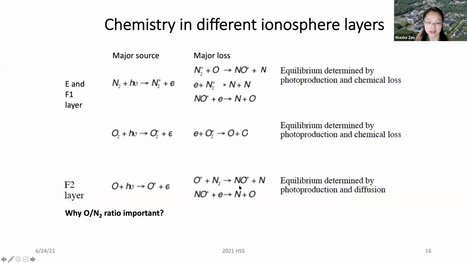And then the next step is the NO+ recombines with the plasma in the surrounding region. So this means if we move the ionosphere away from or towards the neutral layers, the ionosphere loss process will become either slower if we are moving away from it, or faster if we move the ionosphere towards the neutral. So this relative motion of the ionosphere and the thermosphere is very important for us to understand the ionosphere dynamics.